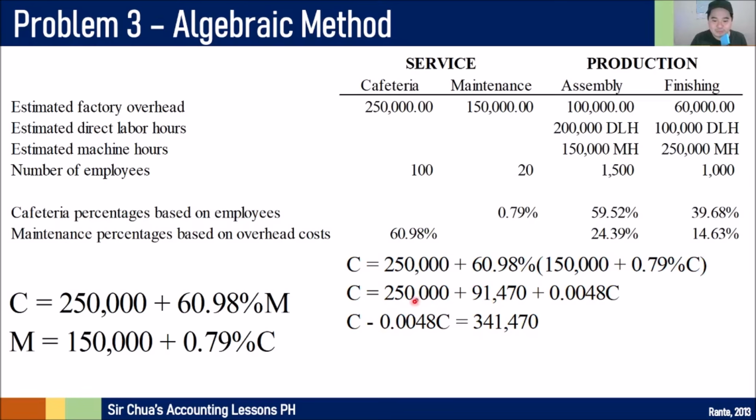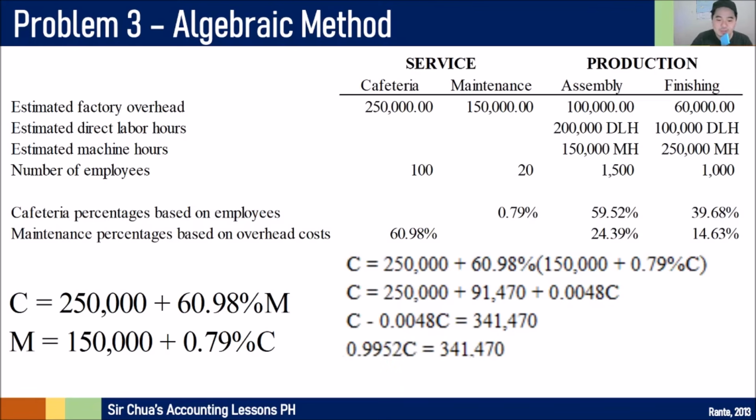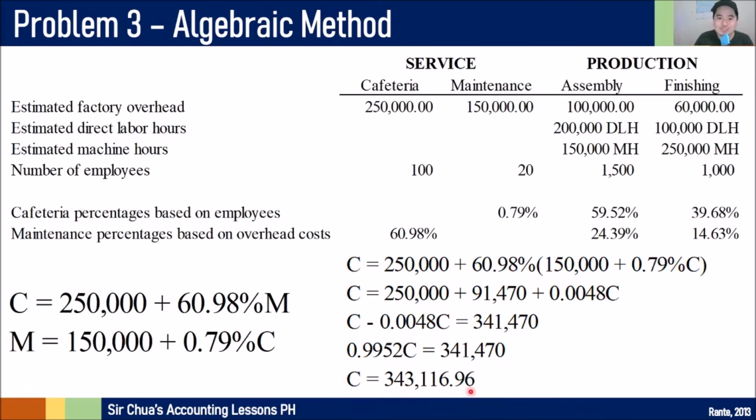And then pag-combine mo yung effect ng 250,000 tsaka 91,470, which is 341,470. So what happens is that it's now 0.9952C is equals to 341,470. Divide both sides by 0.9952. C cost is 343,116.96. Yan na po yung gagamitin natin to solve for M.